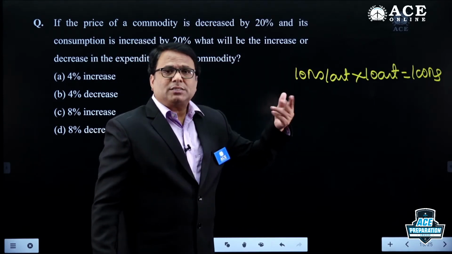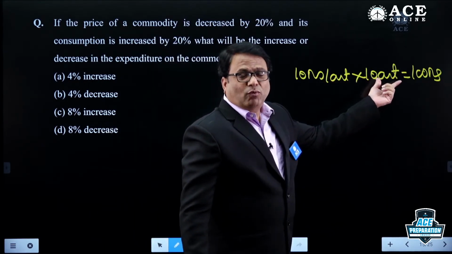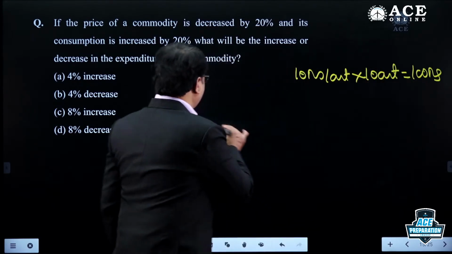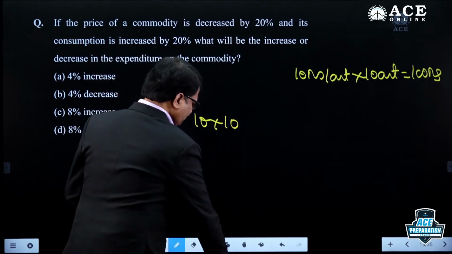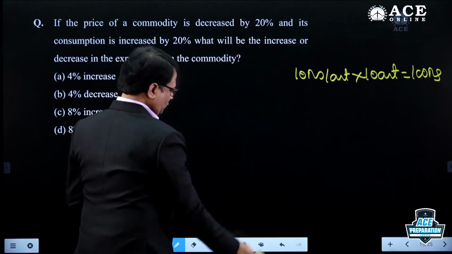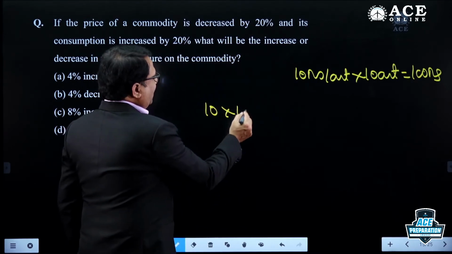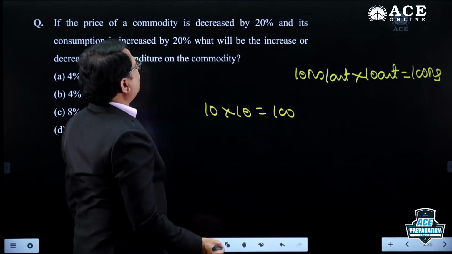And how many articles are consumed every day? 10 articles are consumed. Then what is the expenditure? 10 into 10, 100.